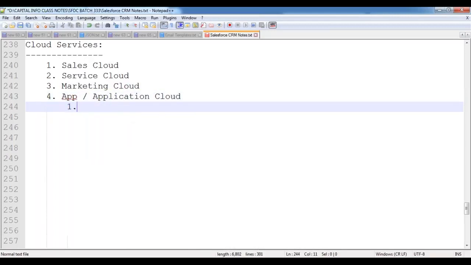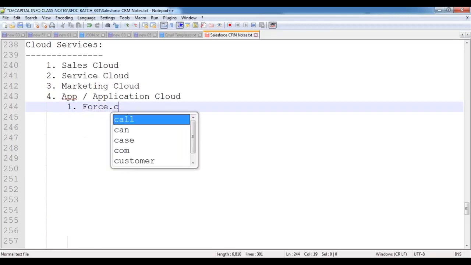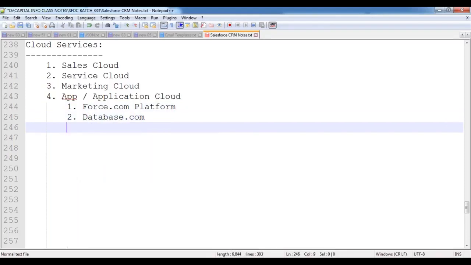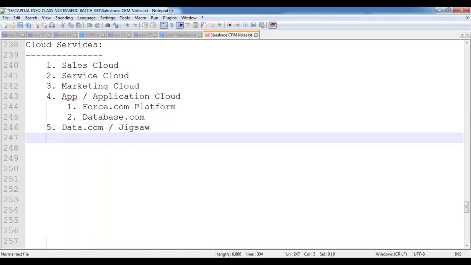As part of Application Cloud, we have the Force.com platform and Database.com. Next, the fifth one, we have Data.com or Jigsaw. Sixth one, Collaboration Cloud.